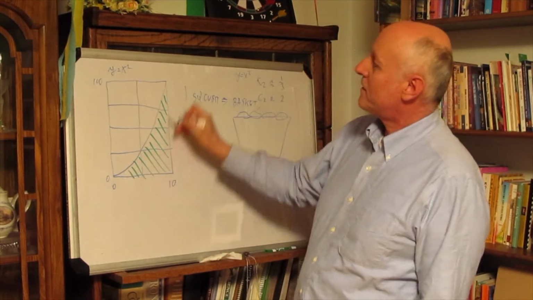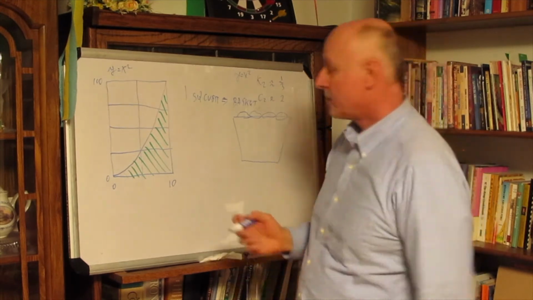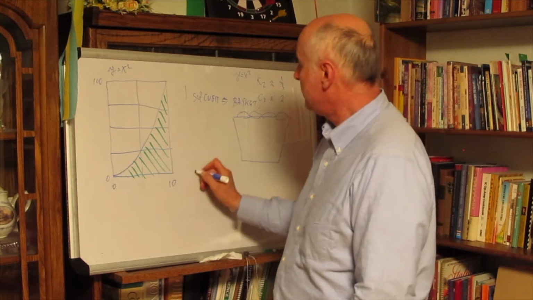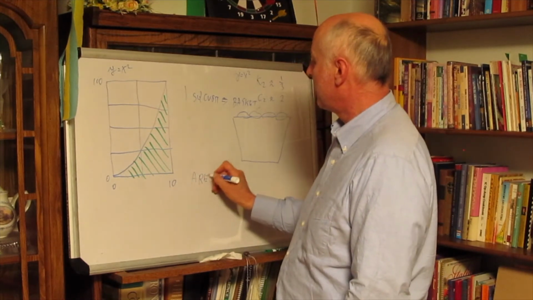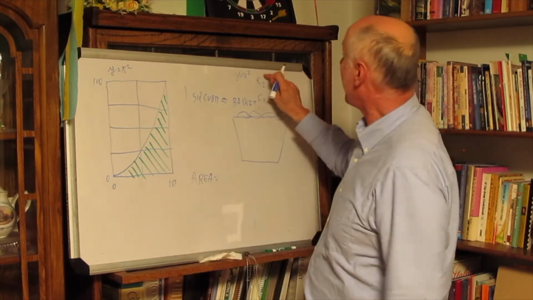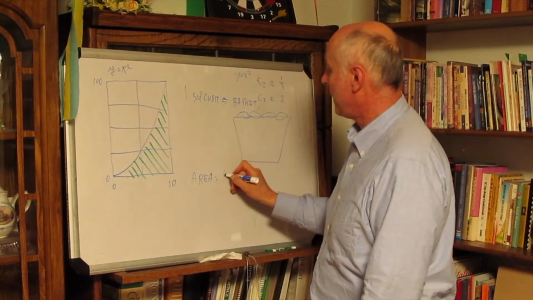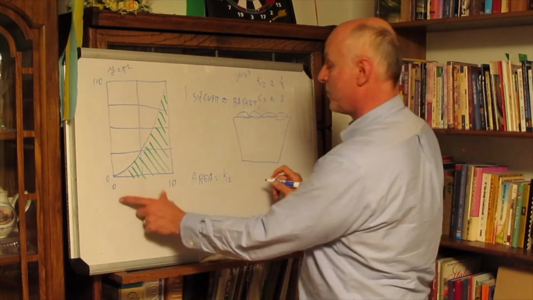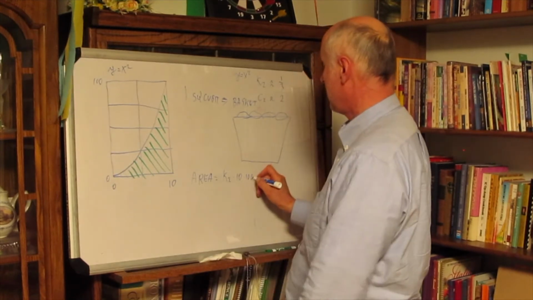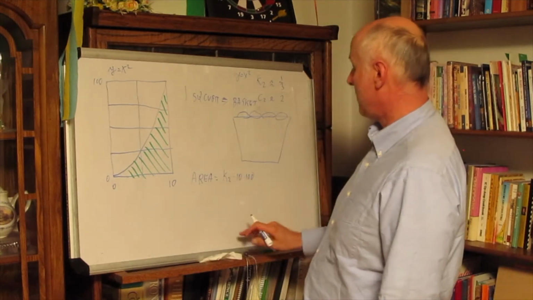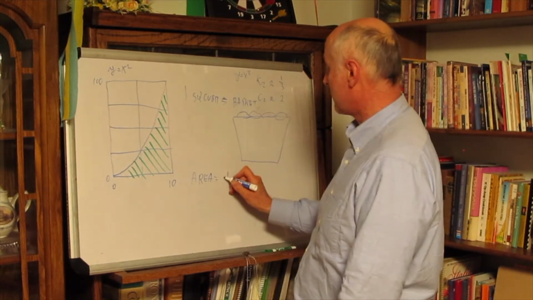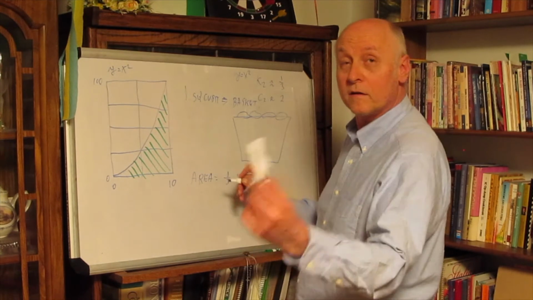So what's the area of this thing? Well, area equals our invariant, K2, times base times height. But K2 is 1/3. We know that because we just made an estimate earlier.